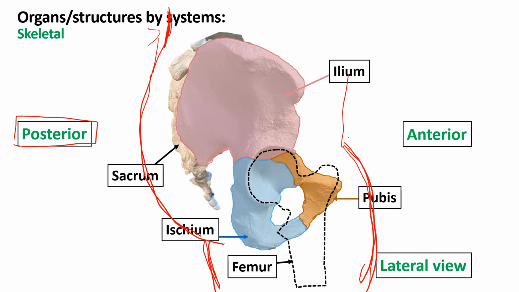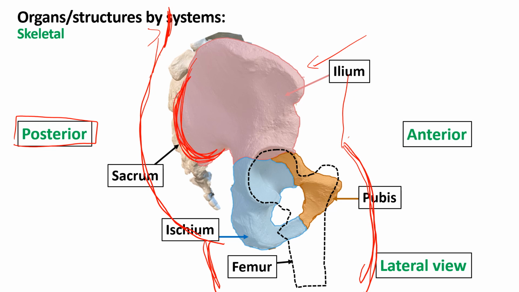Now if you are able to recognize that this is the ilium bone, and the more prominent portion of the ilium bone is kind of facing to the posterior part, kind of facing backwards, towards the back. So you can imagine that portion here might be, if you just look at the bone, think about this is the gluteus, right?